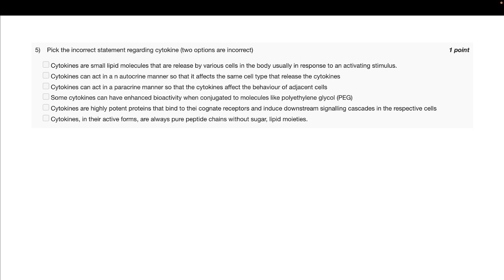Option 1 and 6. Option 1: cytokines are small lipid molecules, and option 6, the last option: in their active form are pure peptide chains without sugar lipid moieties. Okay, anybody else? Thanks for answering.